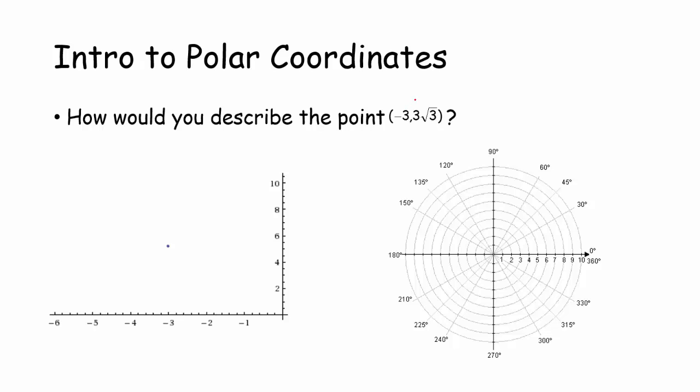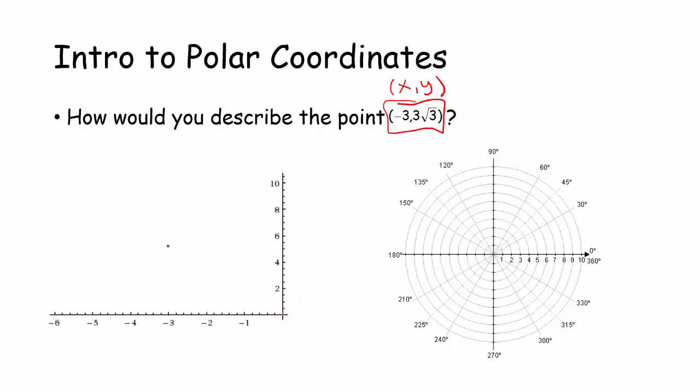So if I hit the point -3, 3 root 3, just the regular old point, and I wanted to understand where that would be in the coordinate plane, the -3 and 3 root 3, the x value and the y value, they give me enough information to describe where that point is.